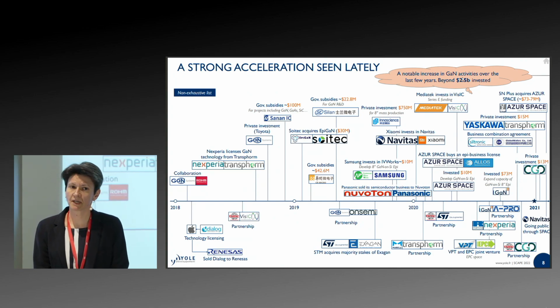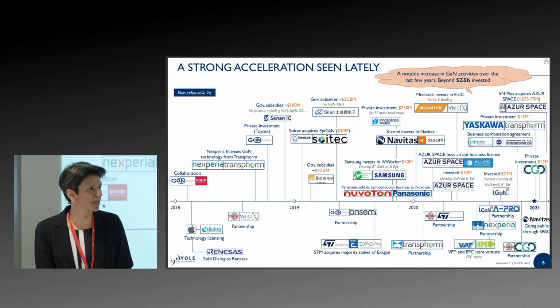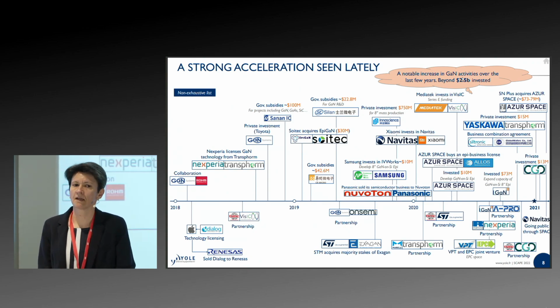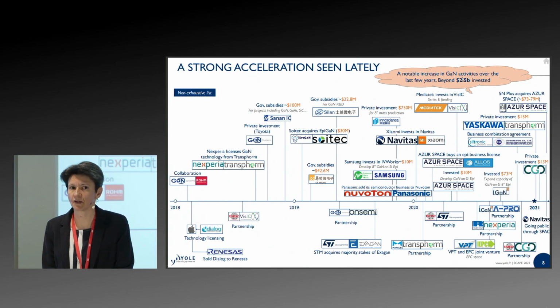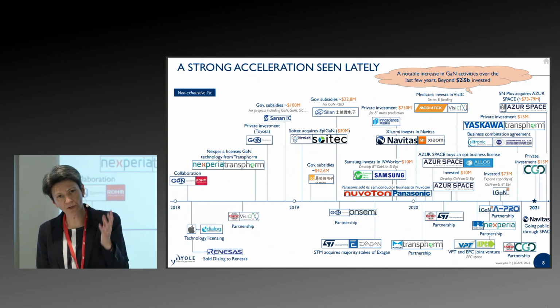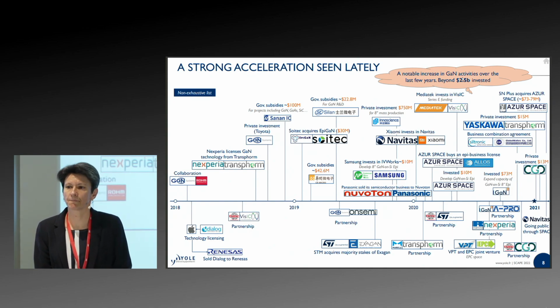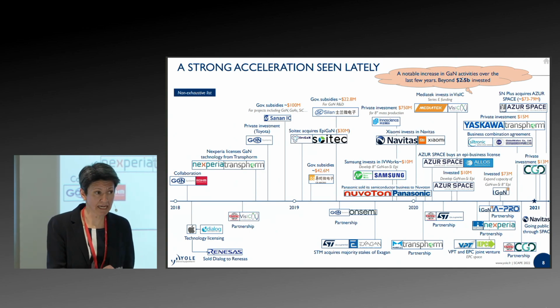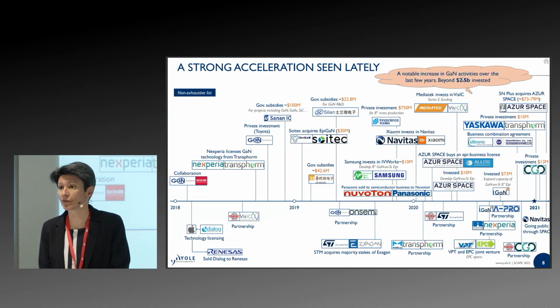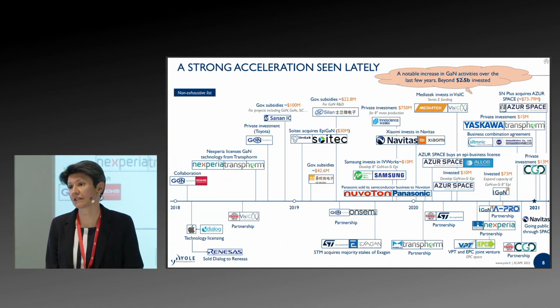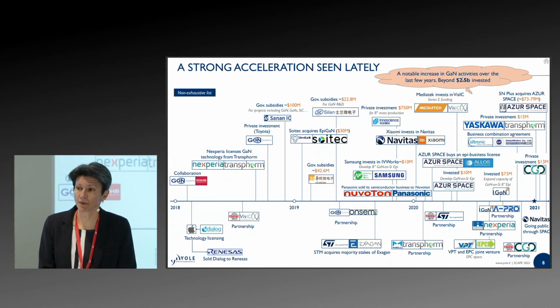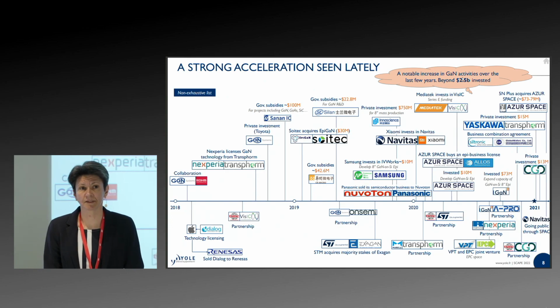Integrated device manufacturer players are also entering the play, like Infineon and ST. So everybody is really working on the technology and securing the manufacturing aspects. All in all, if you look at the investment made since the beginning, more than $2.5 billion has been spent on establishing these technologies and partnerships through the different players.